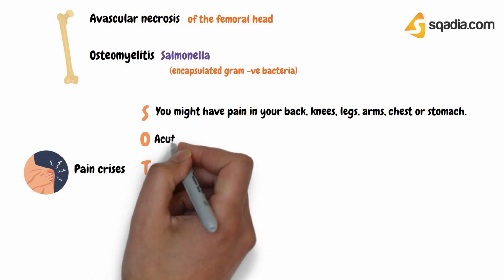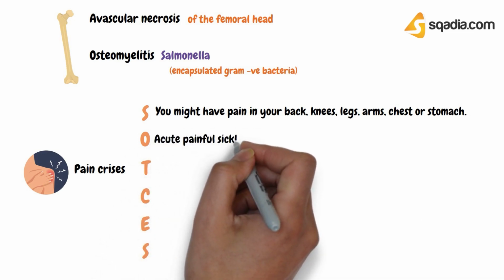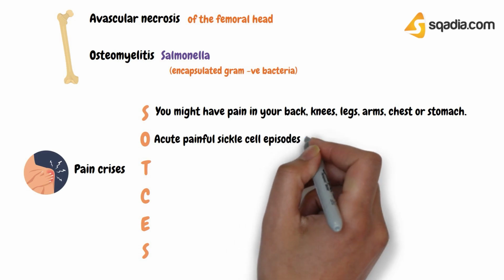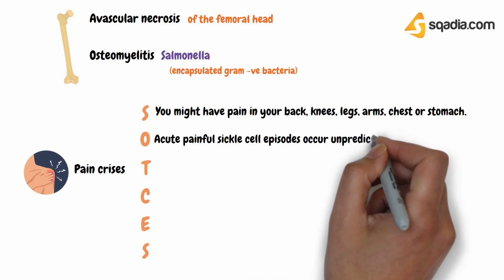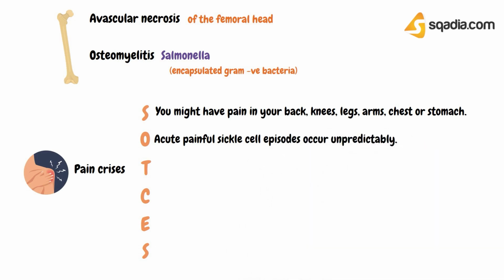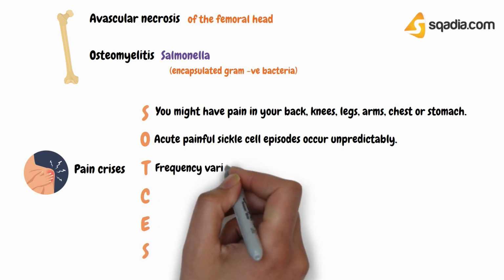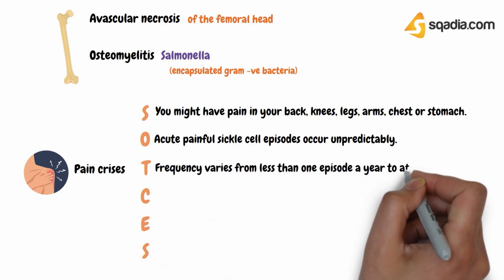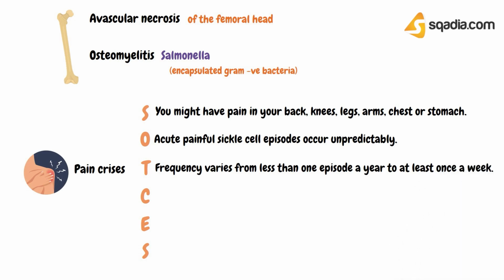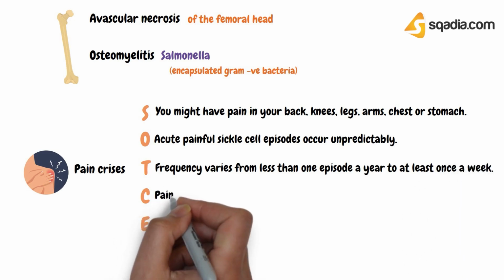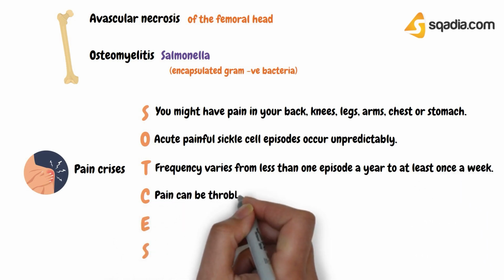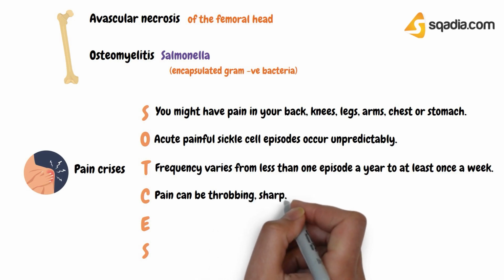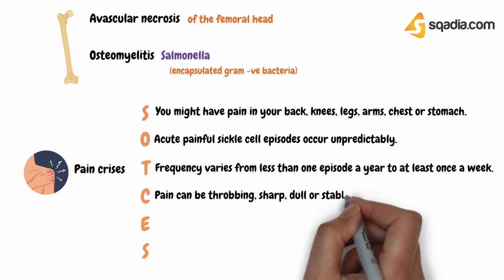So O for onset, acute painful sickle cell episodes can occur unpredictably. T for timing or frequency, the frequency varies from less than one episode a year to even at least once a week. And then C for character, the pain can be throbbing, sharp, dull, or stabbing.